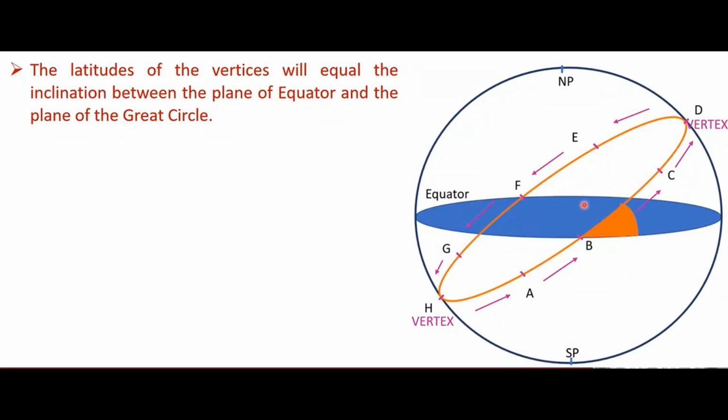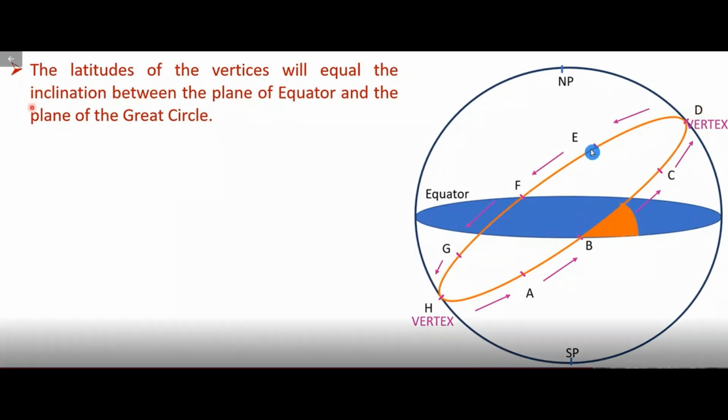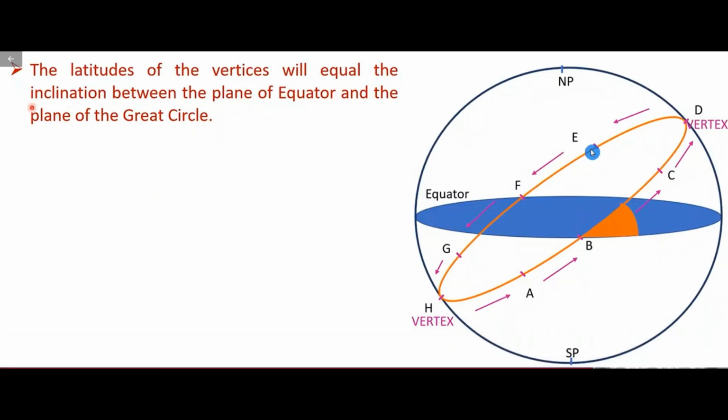And we all know that the angle subtended by a point on the surface of the earth with the plane of equator at the center of the earth represents its latitude. Therefore, this angle of inclination becomes the latitude of the vertex. So were you able to understand this point, beta?